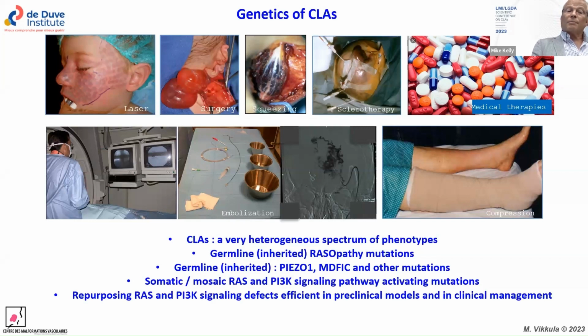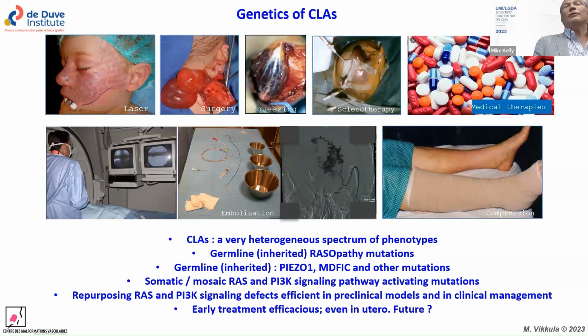And so the RAS and PI3 kinase signaling defects are definitely good targets for repurposing cancer drugs. And that, of course, includes the patients with Noonan syndromes with germline activating RAS pathway mutations. And so for the early treatment, definitely it seems that it can be efficacious for a lymphatic problem.